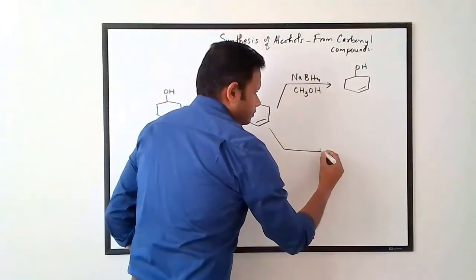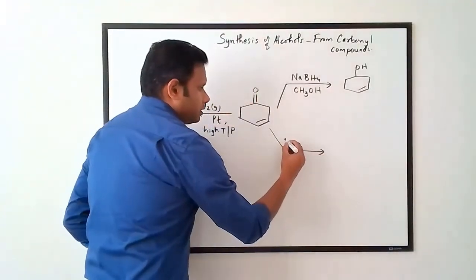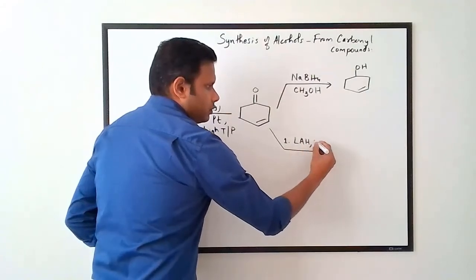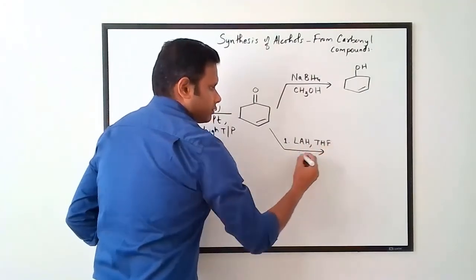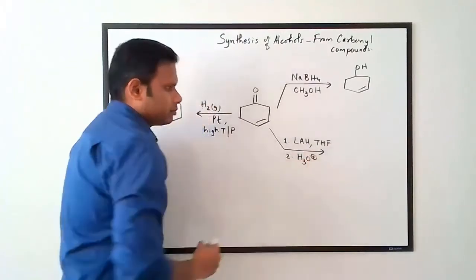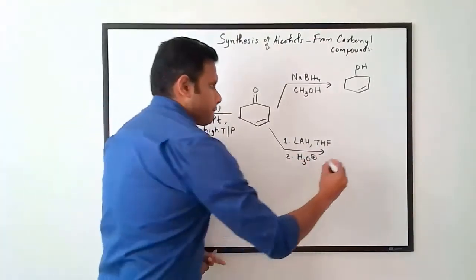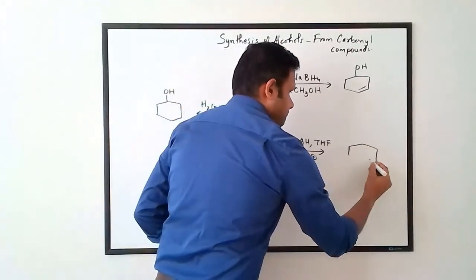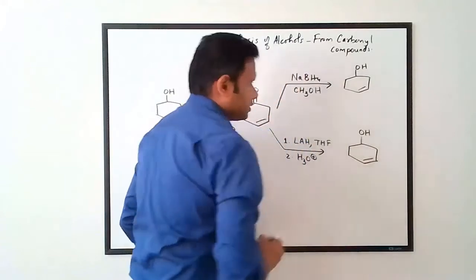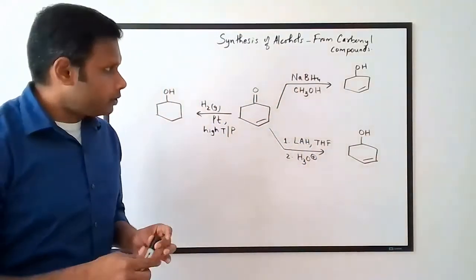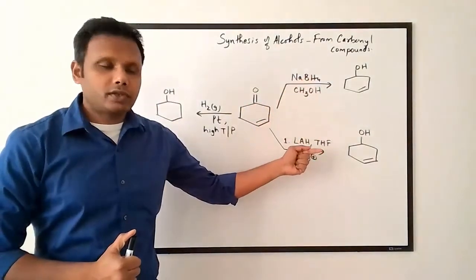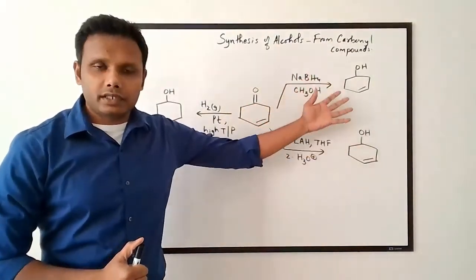And if we do a lithium aluminum hydride reaction, so let's say LAH with THF, followed by some acid workup, our product is going to be the same. You notice how the sodium borohydride reduction and the lithium aluminum hydride reduction give us the identical product here.